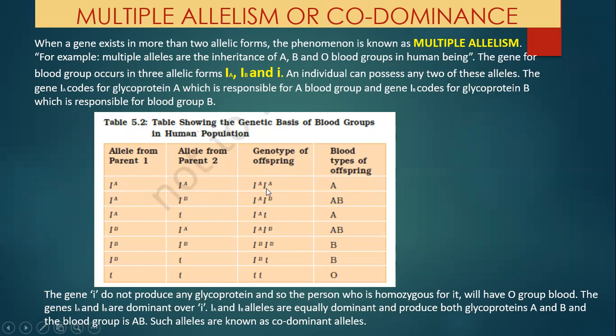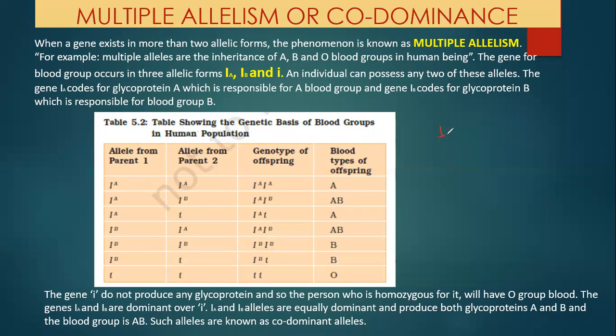Why are we using I? Because our ABO blood group is controlled by a gene which is called I. This I actually controls the different glycoproteins present on the surface of red blood cells.